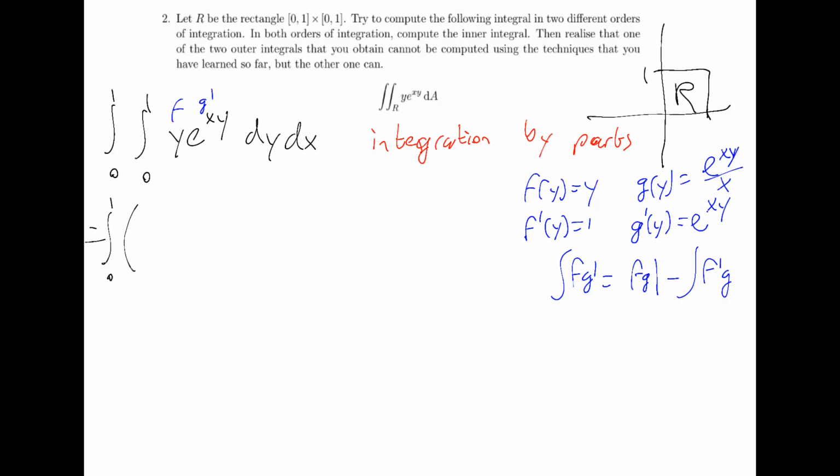So I get f times g, so that's y e to the xy over x, between the boundaries 0 and 1, minus the integral of f prime, which is 1, times g, which is e to the power xy over x. And remember, we're integrating with respect to y. So as you see, I again leave the outer integral, and I've used integration by parts on the inner part.